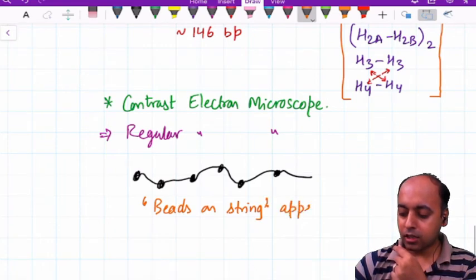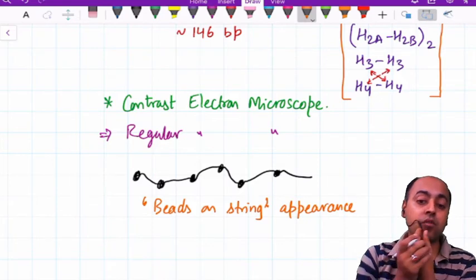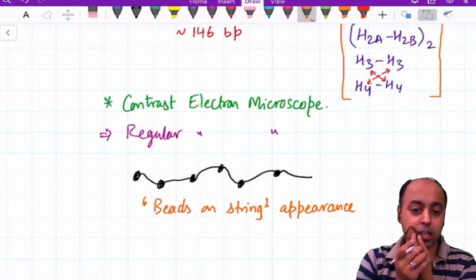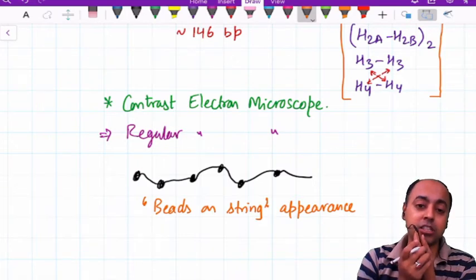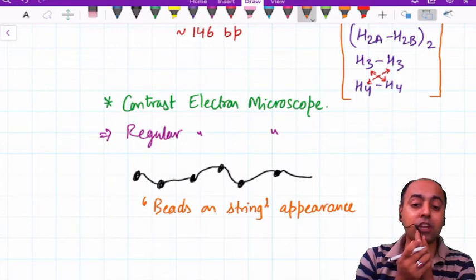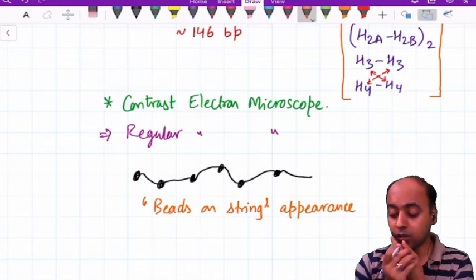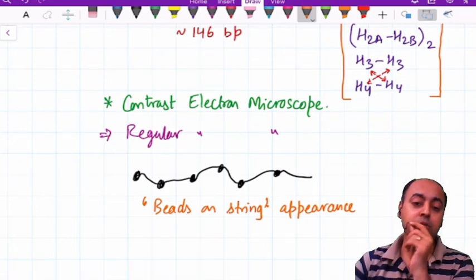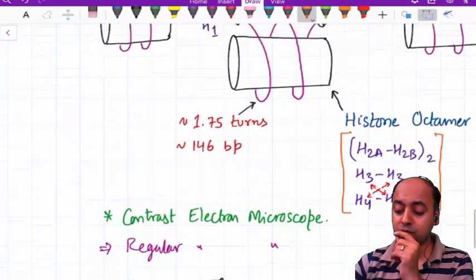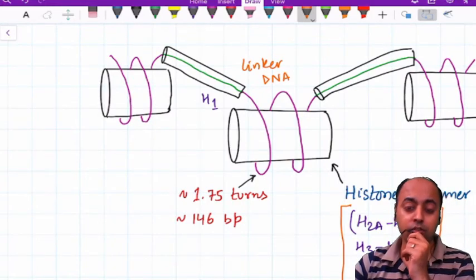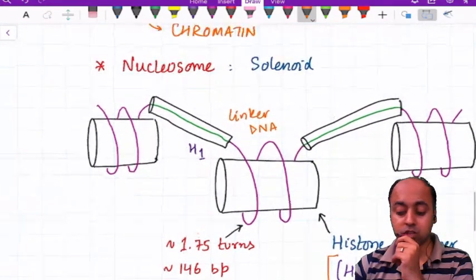Under the regular electron microscope, we get the beads on string appearance for the nucleosomal structure. Please note, even the beads on string appearance cannot be seen by the light microscope. We will still need the regular type of electron microscope. Okay, so beads on string appearance under the regular electron microscope, and in the contrast electron microscope, we see the solenoidal shape, the solenoidal arrangement of the nucleosomal structure.